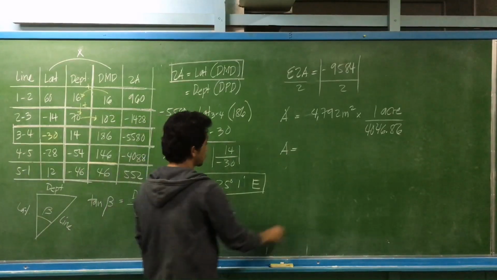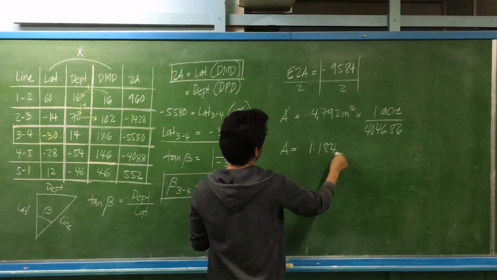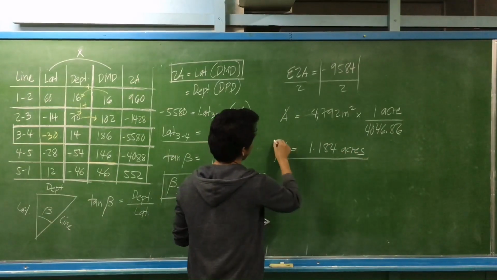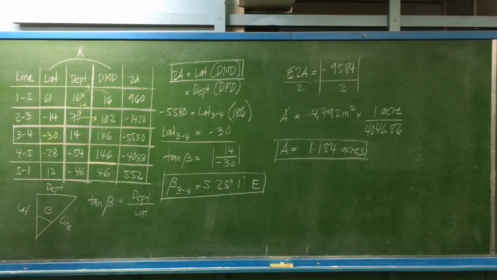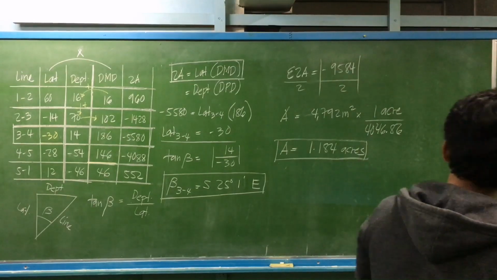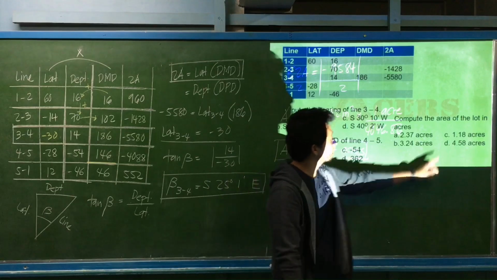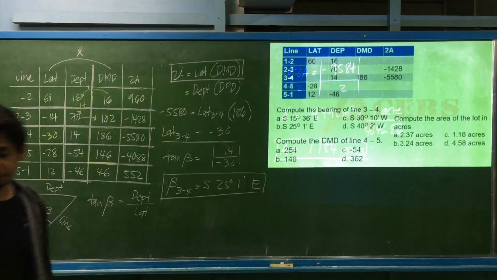So this is equal to approximately 1.184 acres. That is the area of the closed traverse in acres. So, let's check which letter is the answer. 1.18, that is letter C. And that's for this example.